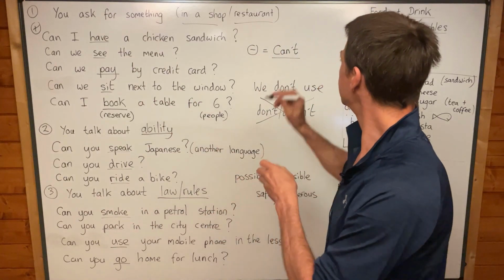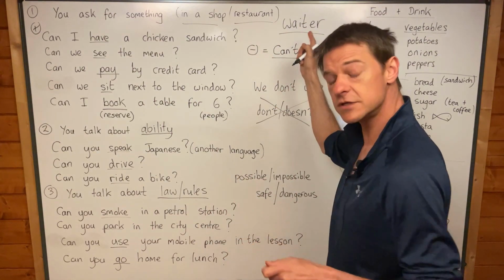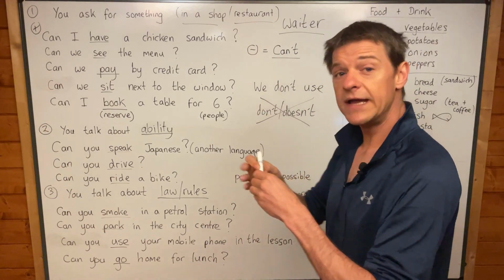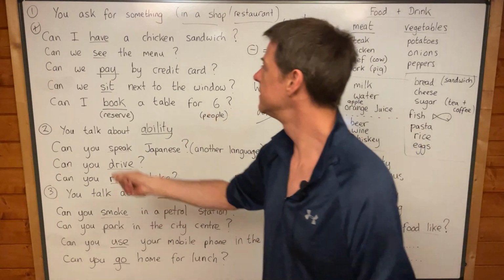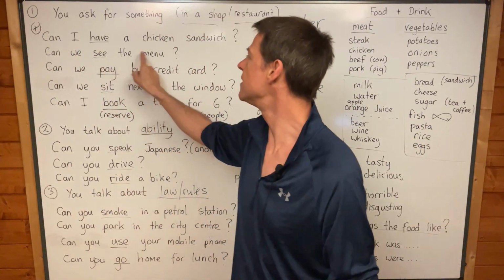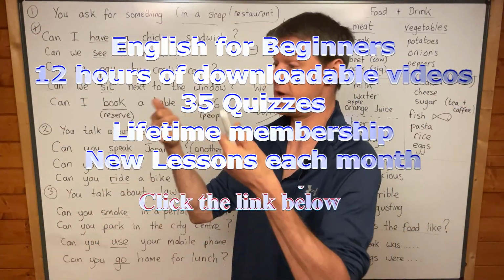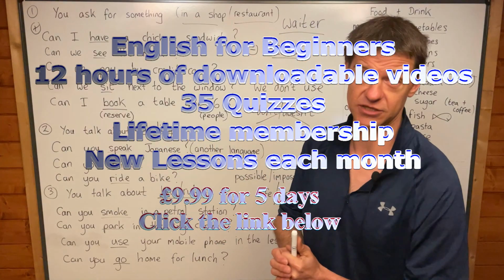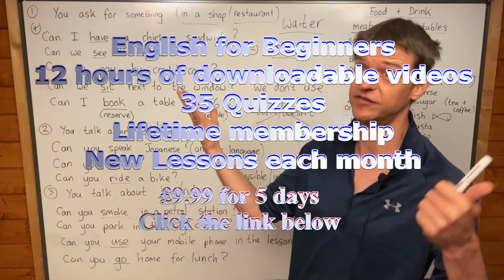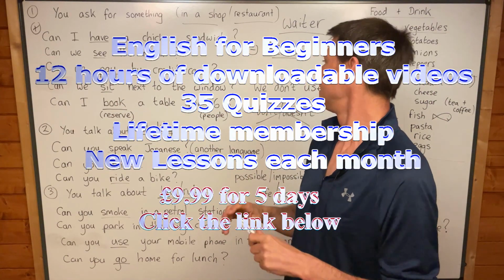And the waiter, a waiter works in a restaurant, the waiter comes to you and you say, can we see the menu? Can we have the menu? Or can we see the menu? Or can we read the menu? All correct, all the same.